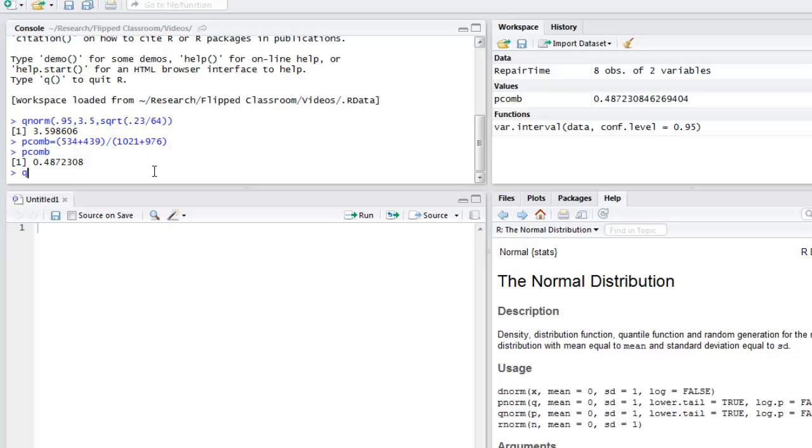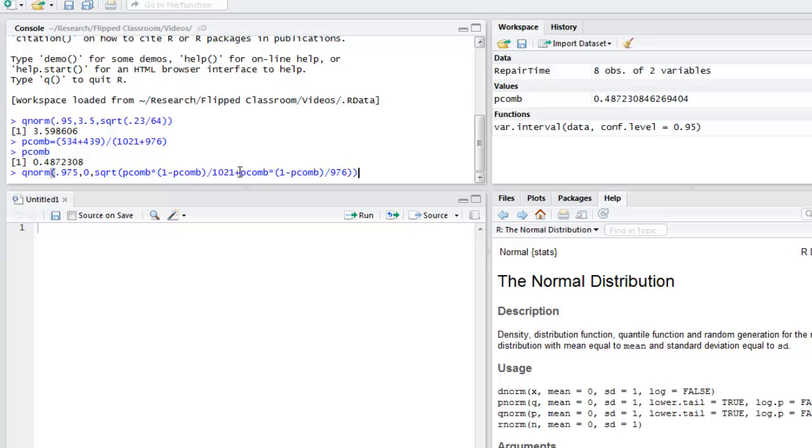And finally, I need my Q norm command divided by the number of Republicans. And I'm tired of typing, so I'm going to just copy this whole command again. And the number of Democrats is 976.